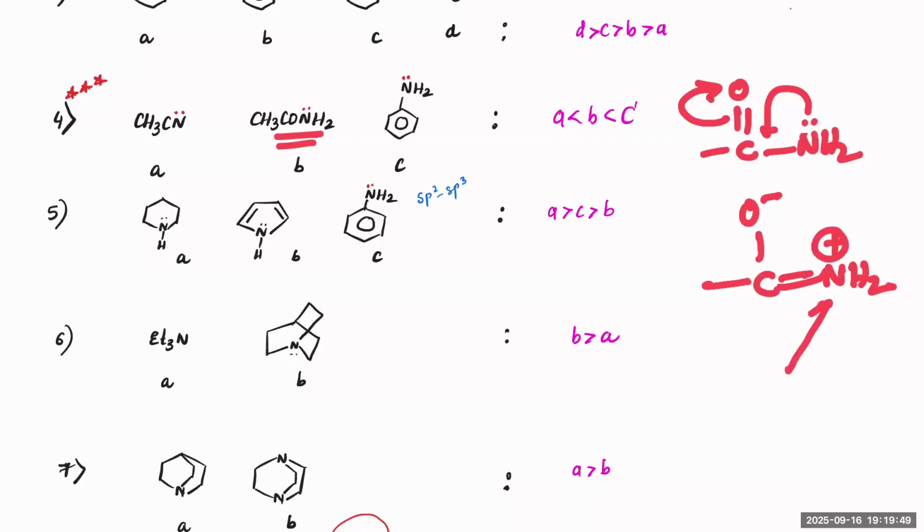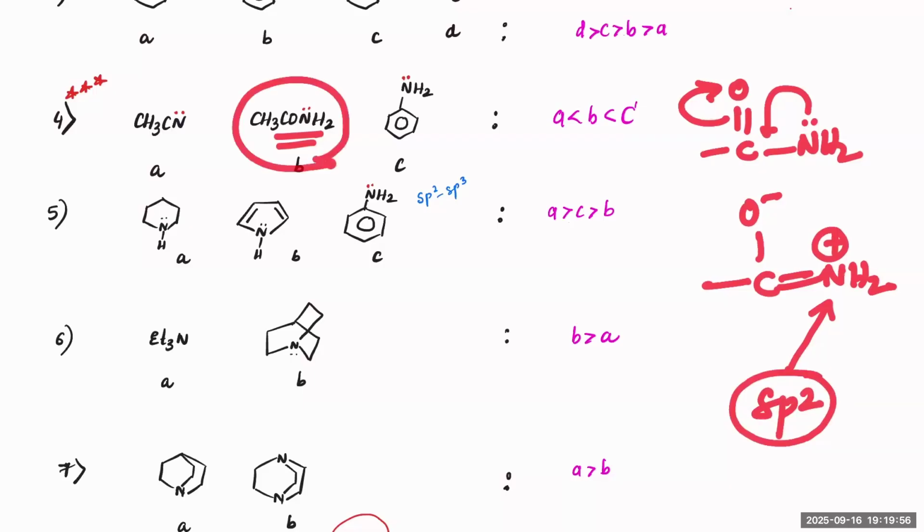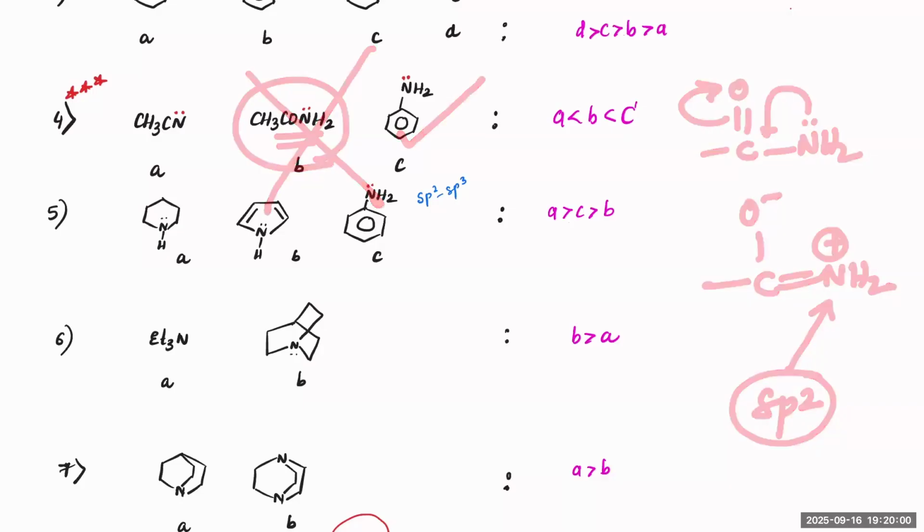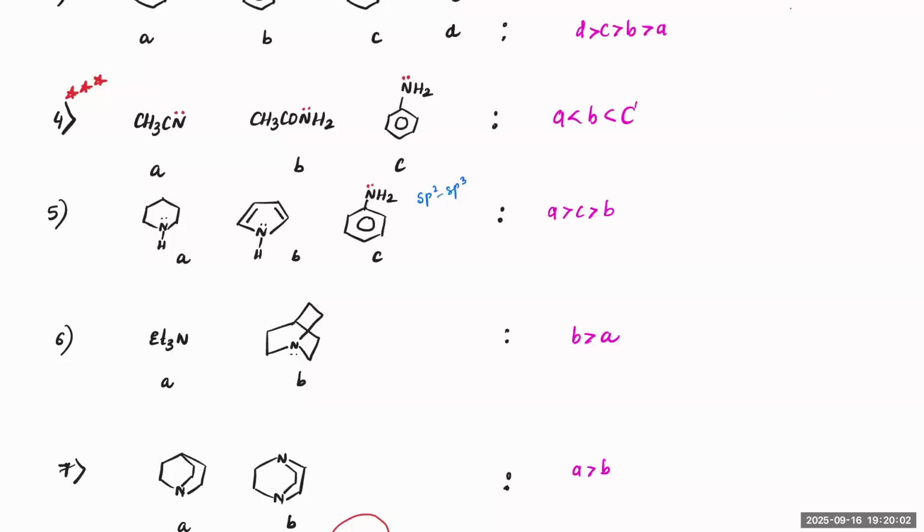So its hybridization almost becomes sp2 only, correct? That's why amides are always least basic compared to any form of amines. That's why this amine is better than amides, and cyanides are the worst because it is sp hybridized nitrogen. So that is the worst in terms of basic character. So C, B, A. That should be the order.